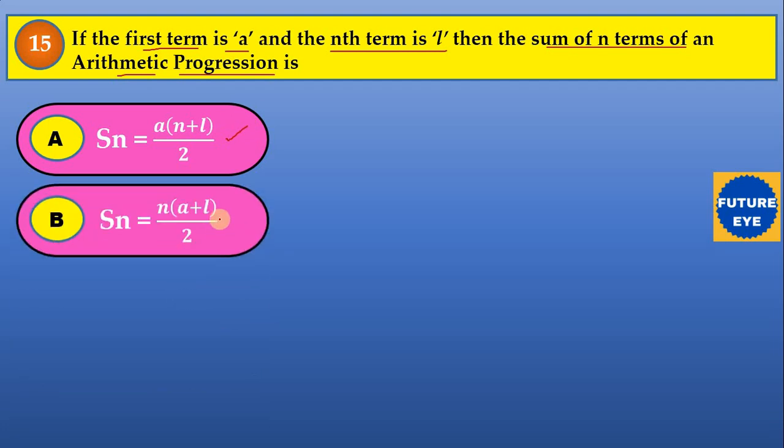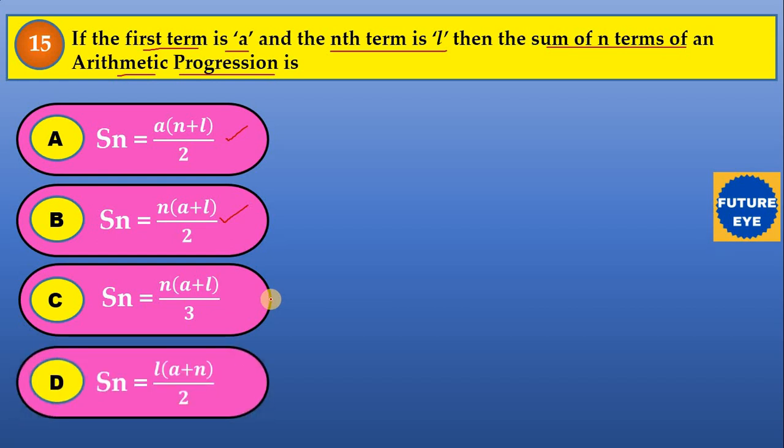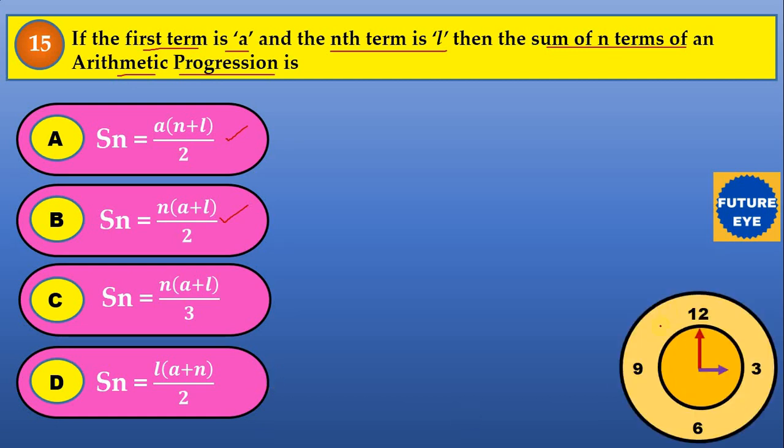Sn is equal to n into A plus L by 2. Sn is equal to n into A plus L by 3. Last option, Sn is equal to L into A plus N by 2. If you have learned formulas very well, in one shot you can answer, children. Anyhow, your time starts now.